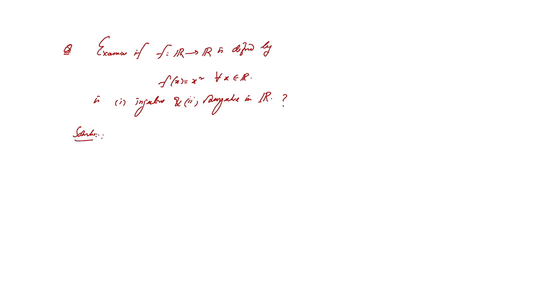So what will be our solution? Our solution for injectiveness: we will check whether it is injective or not. Just think about it, you draw the graph f(x) = x square. This is basically the graph for f(x) = x square. This is x and that side is basically f(x).